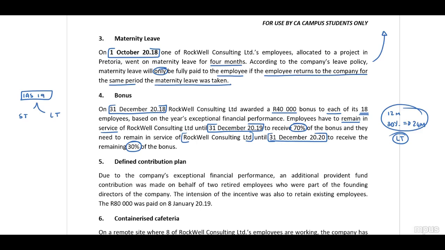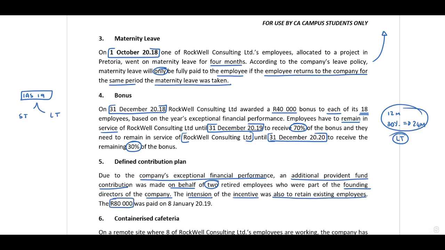Defined contribution plan. Due to the company's exceptional financial performance, an additional provident fund contribution was made on behalf of 2 retired employees who were part of the fund. They were part of the founding directors of the company. The intention of the incentive was also to retain existing employees.